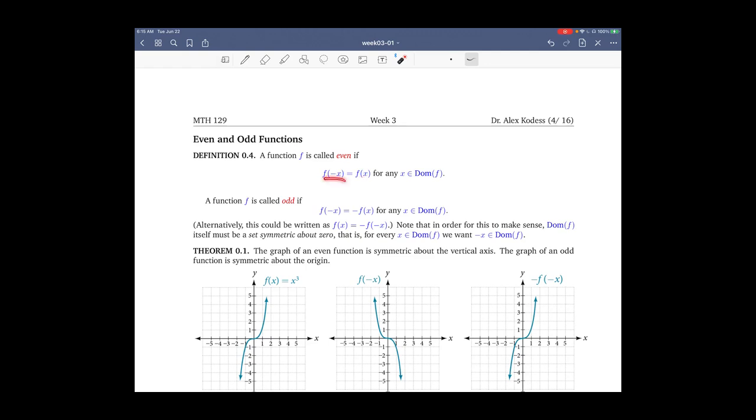And the two functions being equal immediately implies that a function is even if and only if its graph stays the same upon a horizontal reflection, or, which is the same said in a different way, a function is even if and only if its graph is symmetric about the vertical axis.